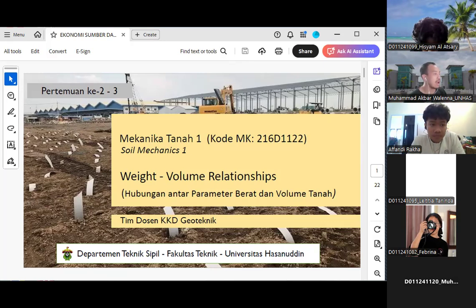And how you understand these numbers, what they mean in terms of soil behavior, and how that affects the practical aspect of your design in the field.